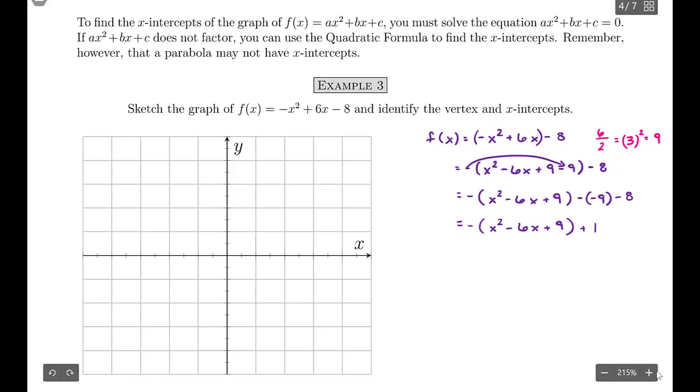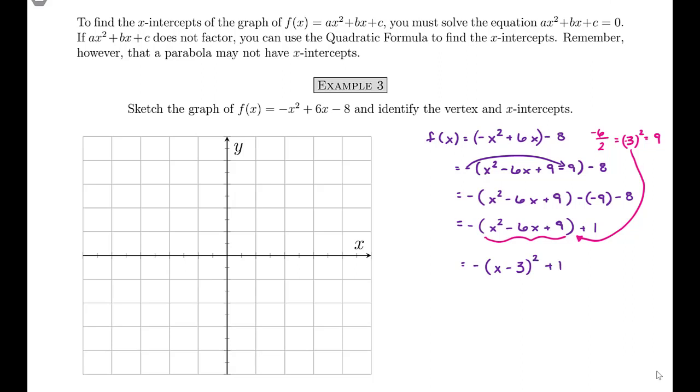And I also should be more careful here. This should be negative 6, so that'll be a negative 3 squared. When I factor this, I'm going to use that negative 3, and we get negative x minus 3 quantity squared plus 1.